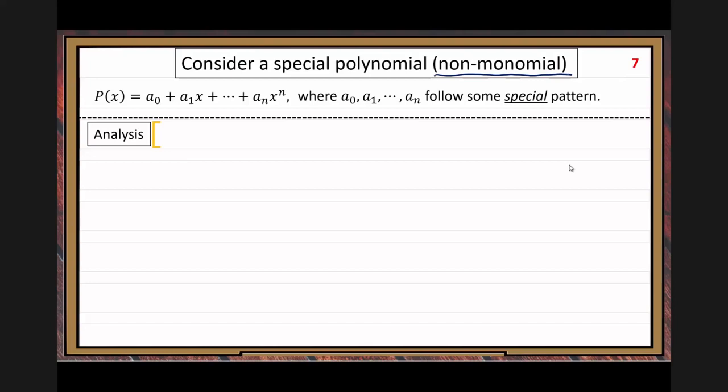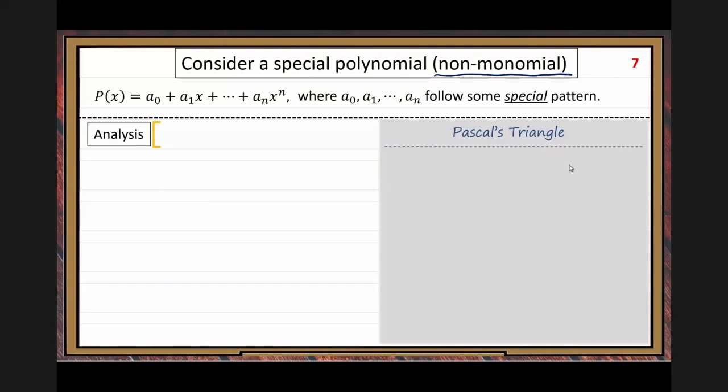This time, we look at a non-monomial polynomial, but it has a very special structure. We can take advantage of that structure to use far fewer multiplications. Let me show you.